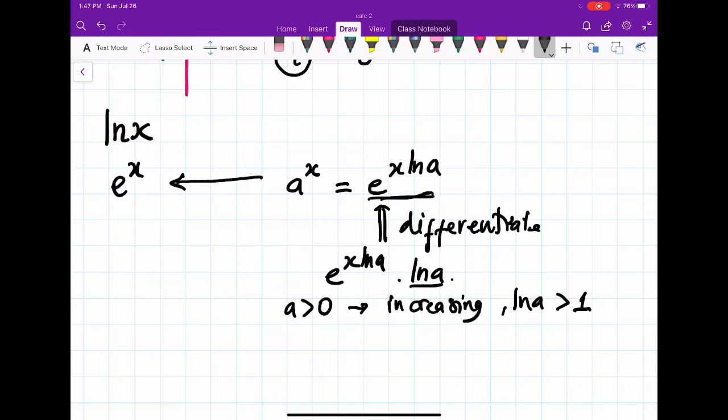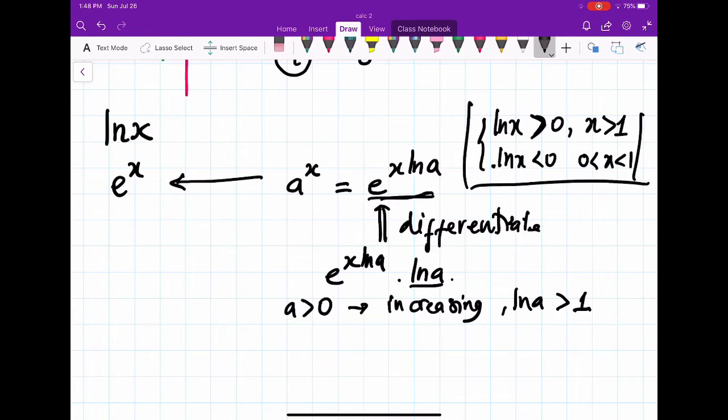Do you remember that property? We know the property: ln of x is bigger than 0 for x greater than 1, and ln of x is less than 0 for x between 0 and 1, right? In this case, if a is bigger than 1, then ln of a is bigger than 0 again.